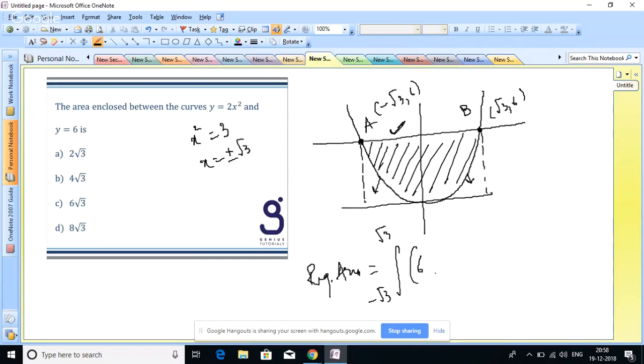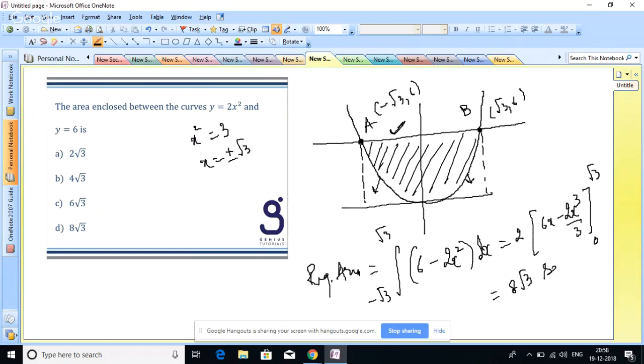So you just subtract that, 6 minus 2x square dx, and if you solve, this will be 2 times the integration of 6, which is 6x minus 2x cubed by 3, from 0 to root 3. And this will give us 8 root 3 square units as your answer. So option D is the correct answer to this question.